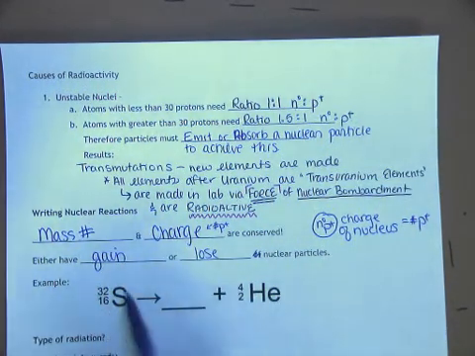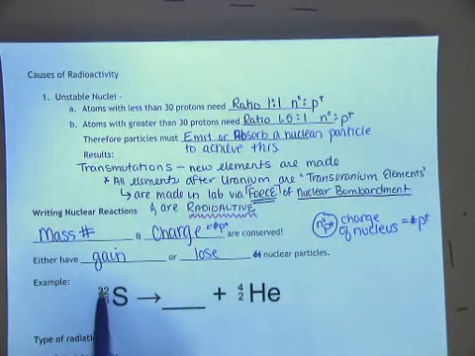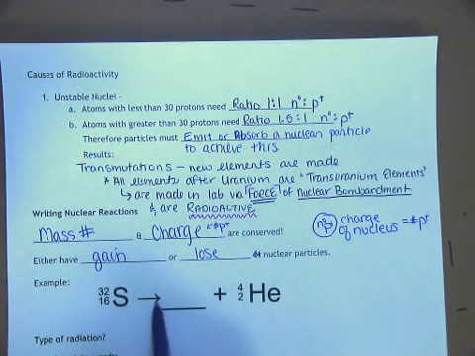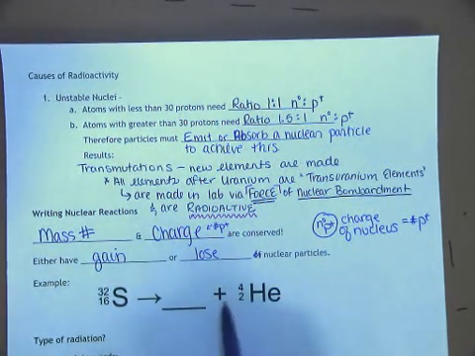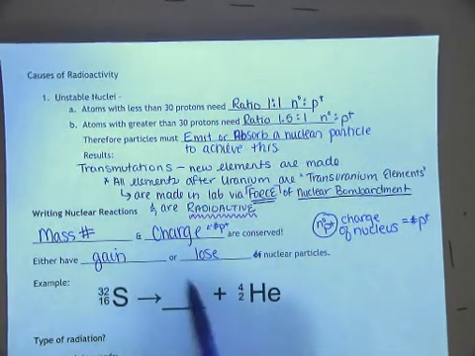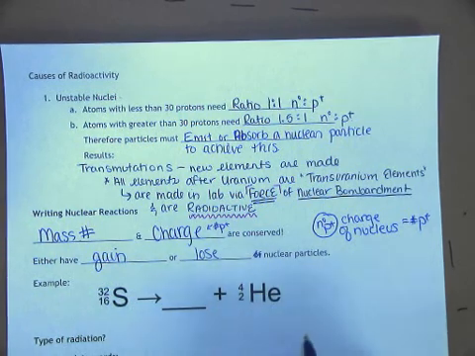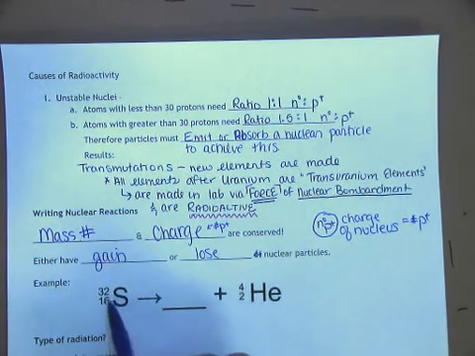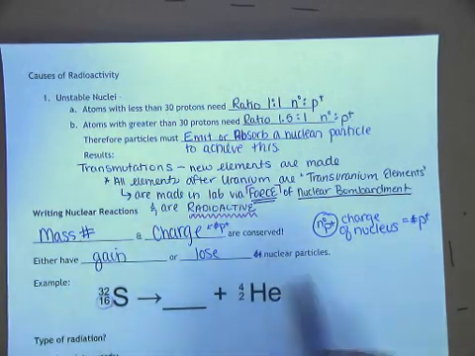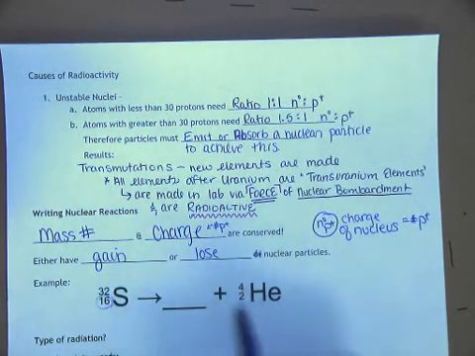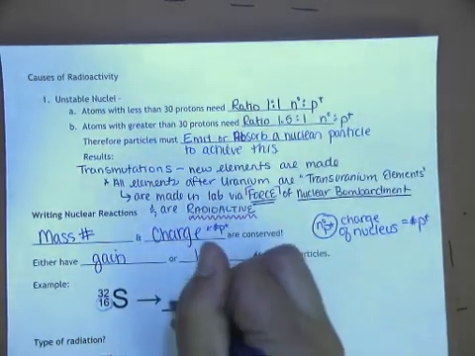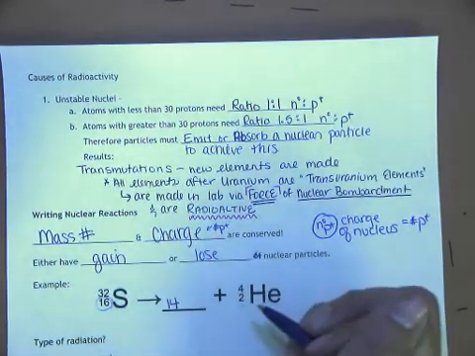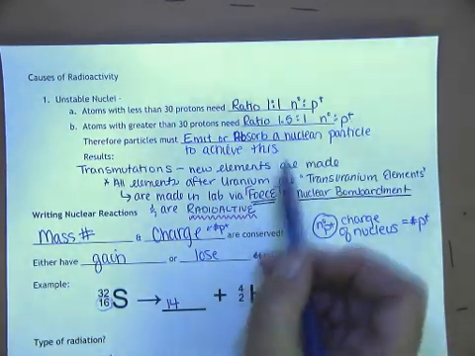So an example is that if sulfur 32 is going to decay into some new particle and is going to give off an alpha particle. So my bottom number is my charge has to be conserved. So I have 16 here, 2 here. So to make both sides equal each other, what plus 2 is 16? Well, 14 plus 2 is 16. I have to do the same with the top.